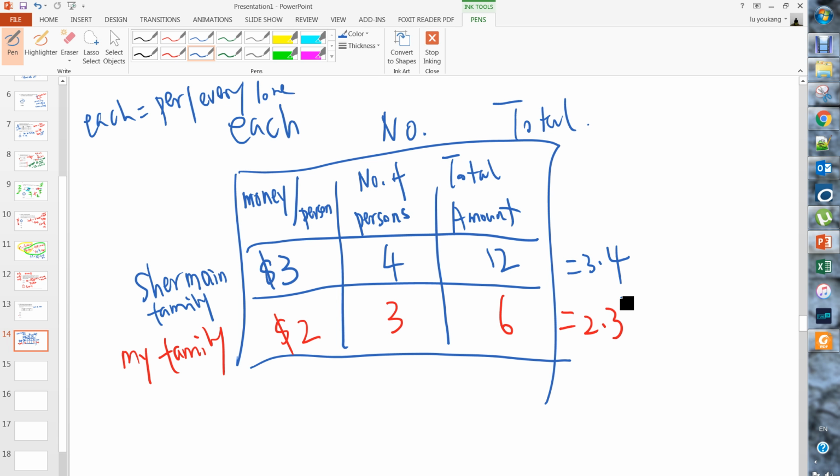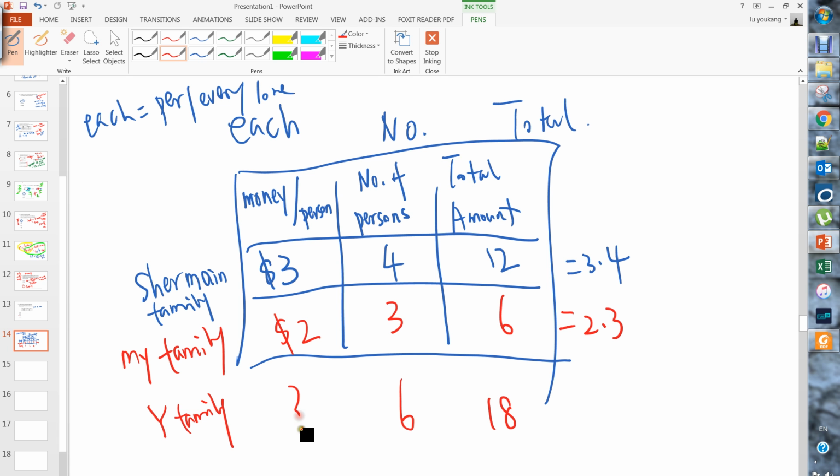So let's say I'm talking about another family. I call it the Y family. So the Y family, the total is 18. And they have 6 people. So each person has how much?